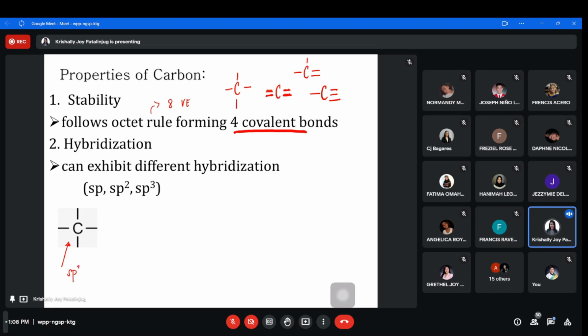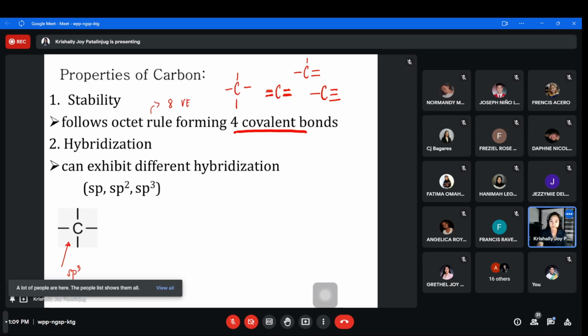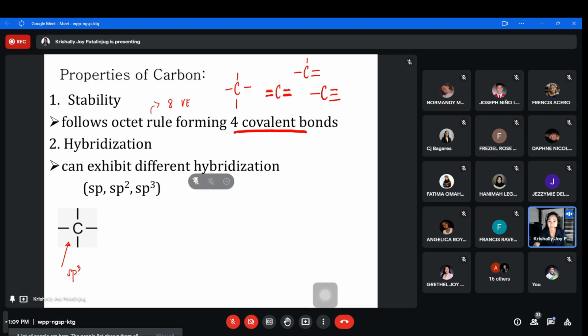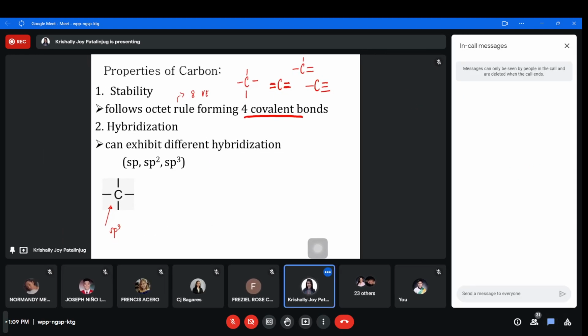Let me ask you, if the central atom is sp3 hybridized, what is its molecular geometry? Is it linear, trigonal planar, tetrahedral, trigonal bipyramidal? This is just an application of what you have learned in our previous discussion. With four electron groups surrounding an sp3 hybridized central atom, what is the orientation of that central atom?